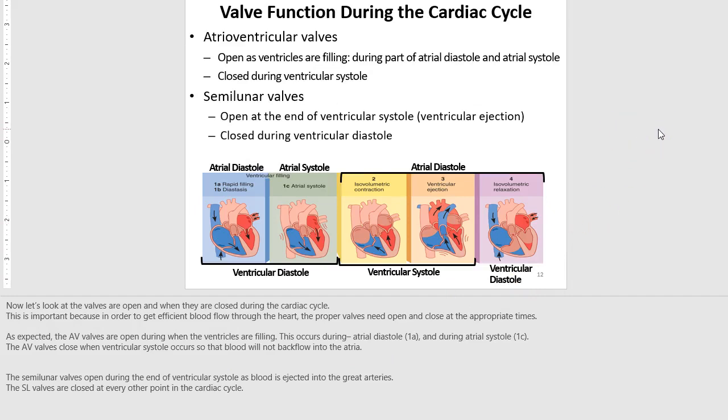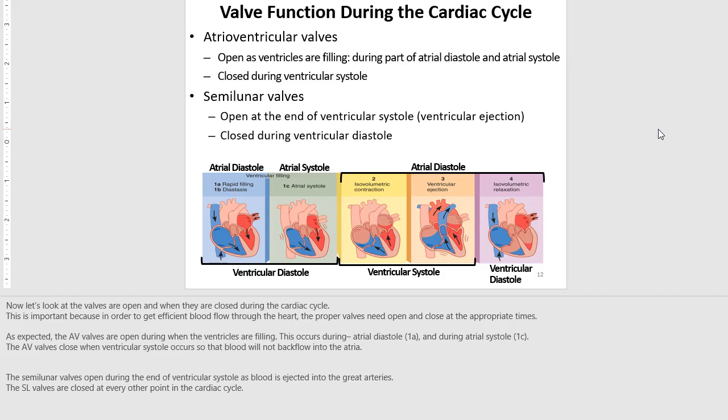So valve function during the cardiac cycle is pretty straightforward. It's very important that they function correctly because we need efficient blood flow through the heart so that blood goes to the lungs to get oxygenated and then sent throughout the body. As expected, the atrioventricular valves are open when the ventricles are filling.